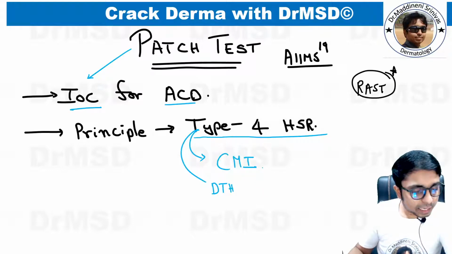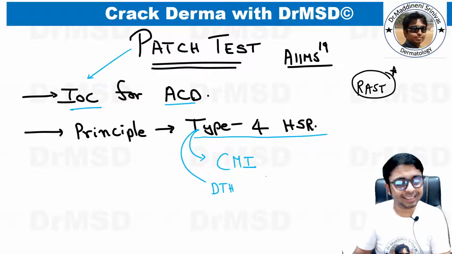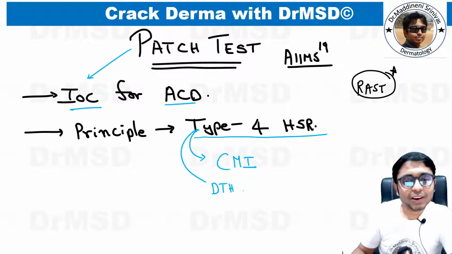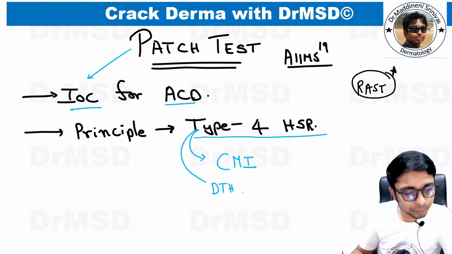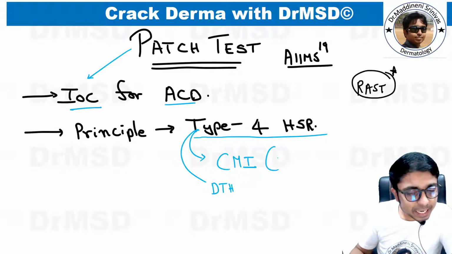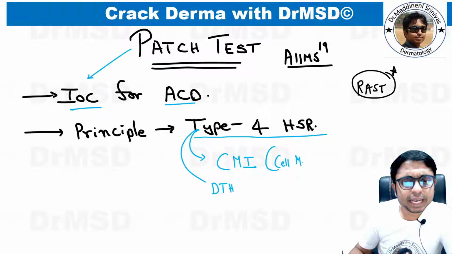So can you tell what CMI and DTH stand for? So it's not the direct-to-home DTH which I am talking about. CMI stands for cell mediated immunity. Okay, very important, cell mediated immunity.